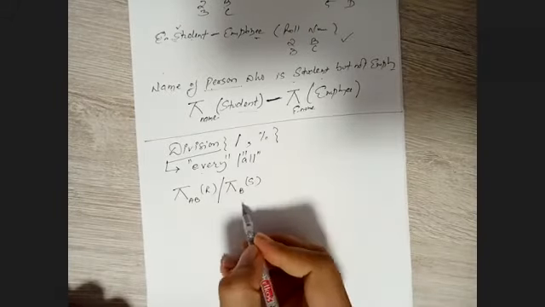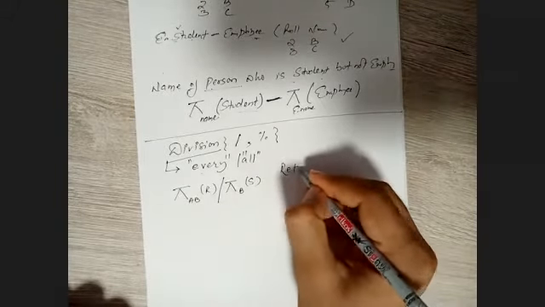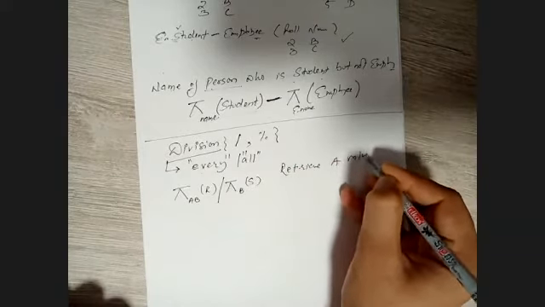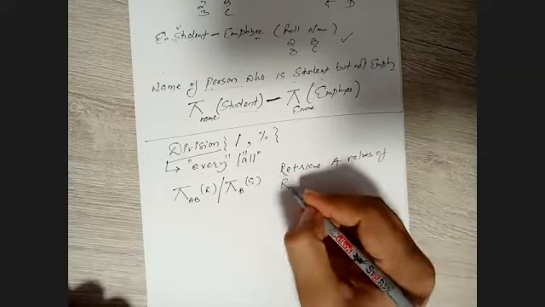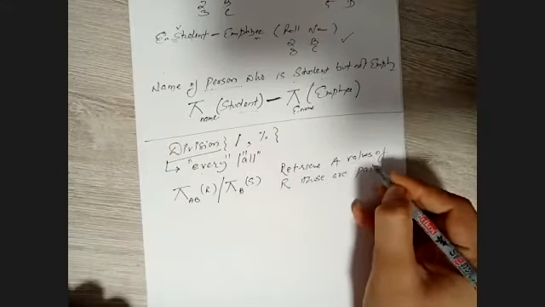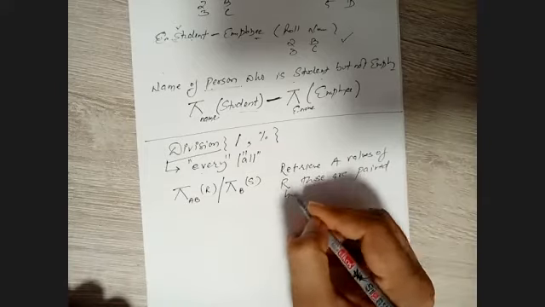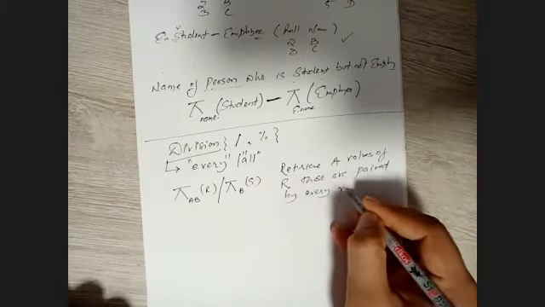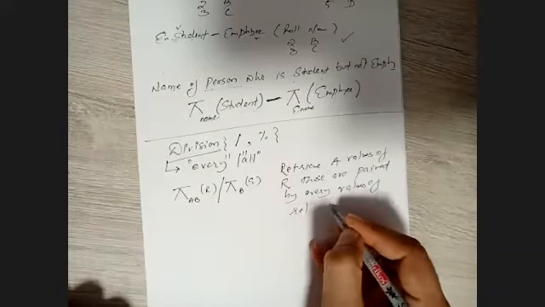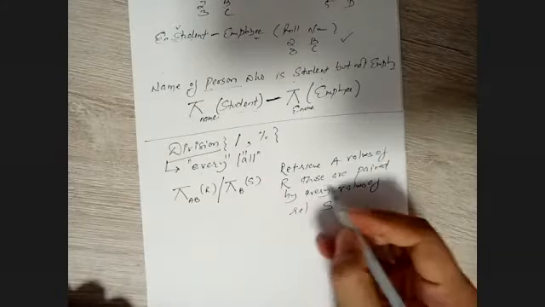So it means: retrieve the A values of R that are paired, this is important, that are paired with every value of relation S, every B value.